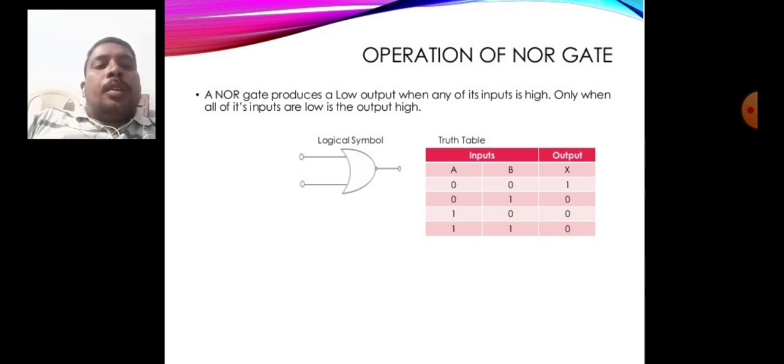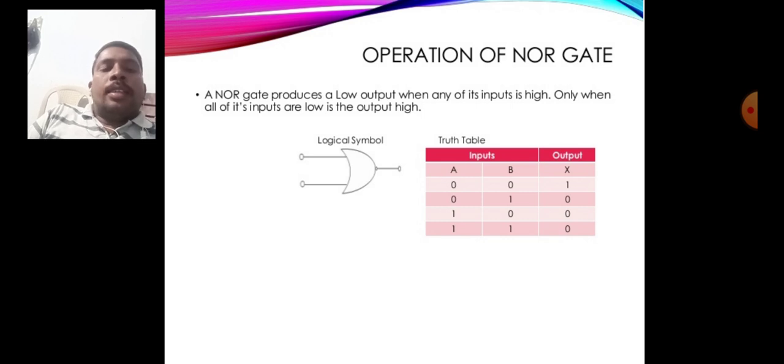If input A is 0, that means low, and B is 1, that is high, then the output will be 0, that is low. The third condition: if input A is high and B is 0, then the output is also 0, that is low. If both inputs are high, then the output will be low.